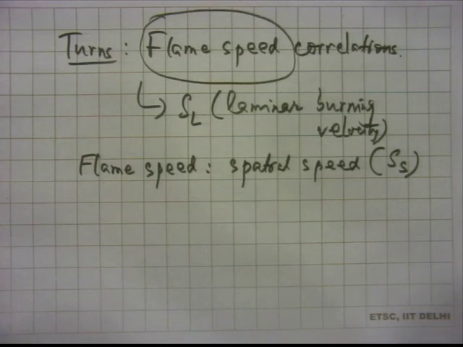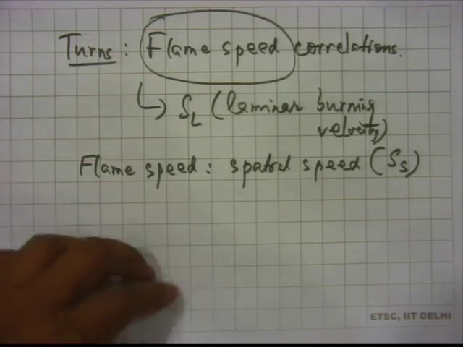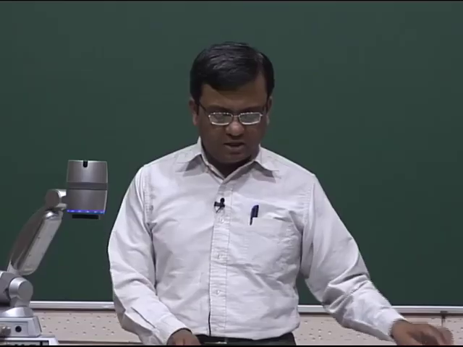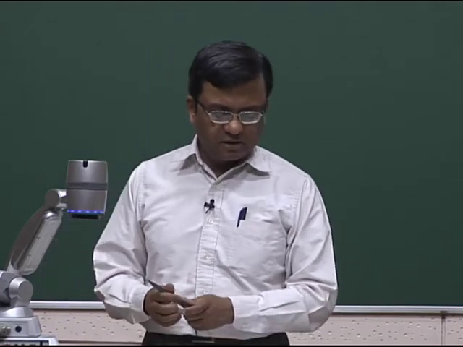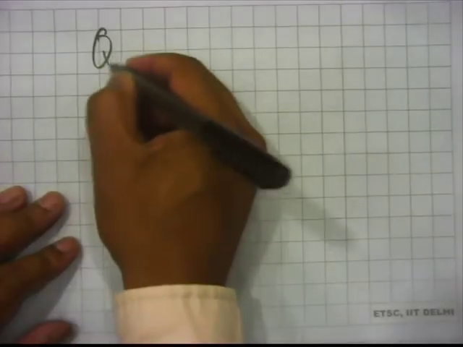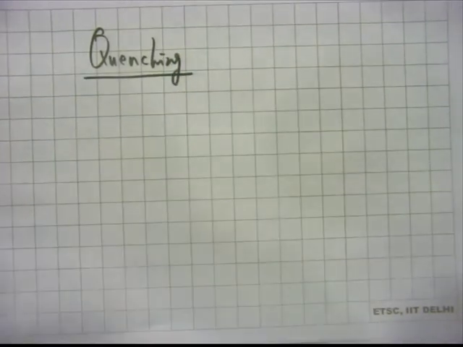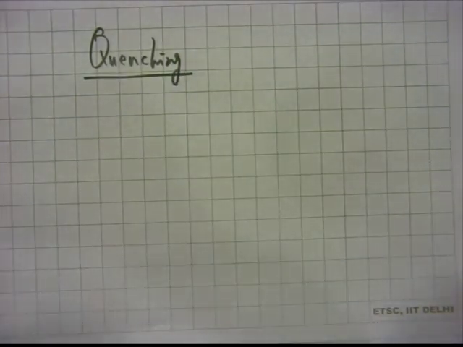Okay, so this we will do, and the other topic that we will not be able to do today, but we will touch upon and pick up in the next class is quenching. So, we learned something about laminar burning velocity, which is a fundamental property of a fuel air mixture.